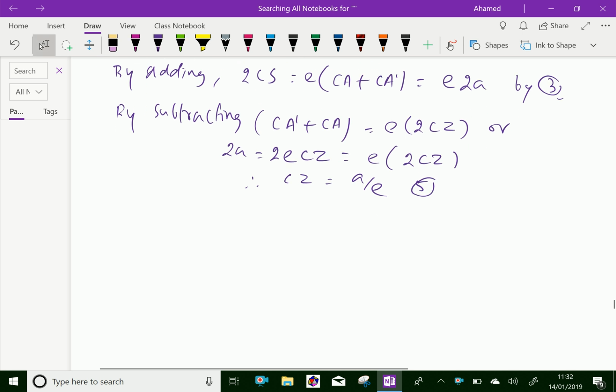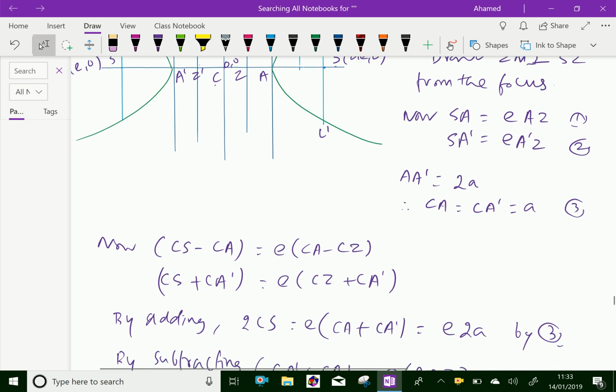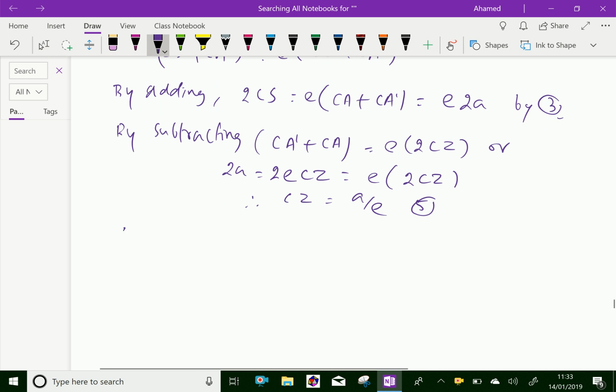Now choose the center 0, 0 as the origin. Hence the coordinates of the foci are S equals minus ae, 0 and S dash equals ae, 0.